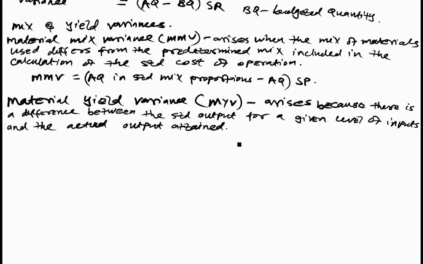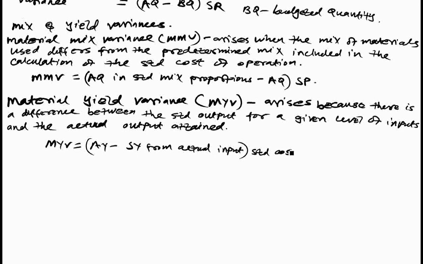Yeah. So what is the formula for that? Material yield variance equals actual yield minus standard yield from actual input, into standard cost per unit of output.